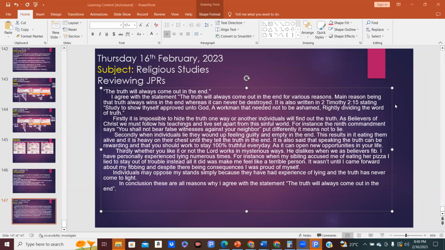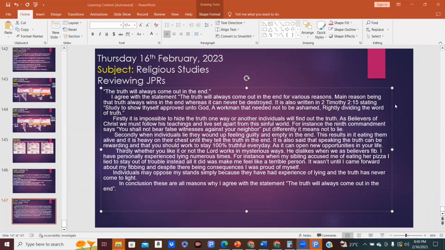Differently put, it means not to lie. Secondly, when individuals lie, they would end up feeling guilty and empty in the end. This results in it eating them alive and is heavy on their chest until they tell the truth in the end.